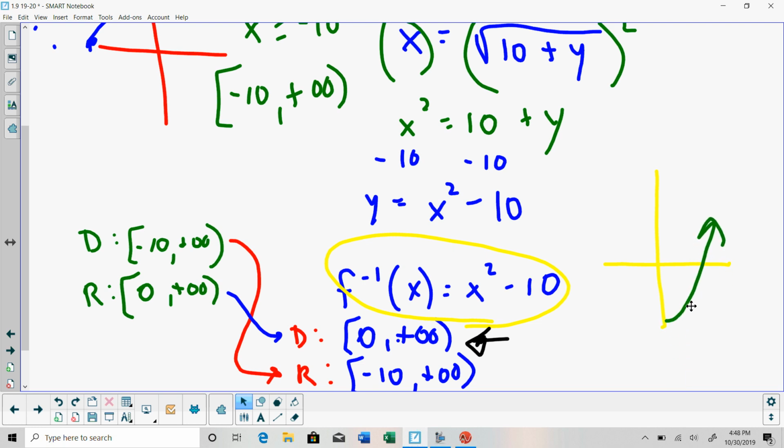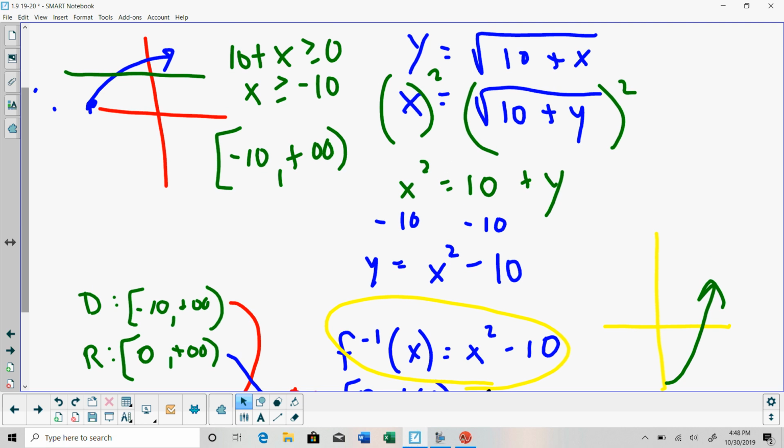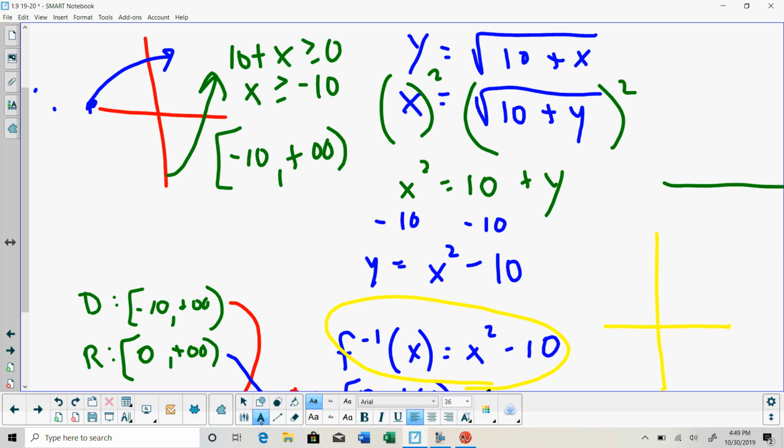So my original function I graphed here like this, and here's my new one that's right around here. And let me get rid of my little line here that I was using to test whether it was a one-to-one function. And here, these two functions are going to be mirror images over the line y equals x. All right, and it's a beautiful thing.